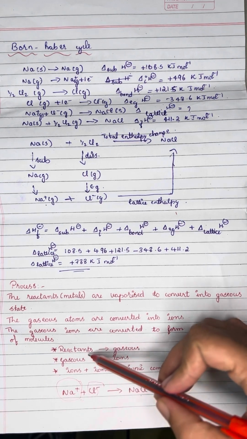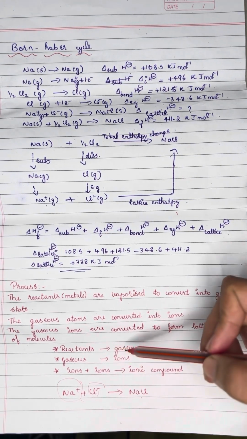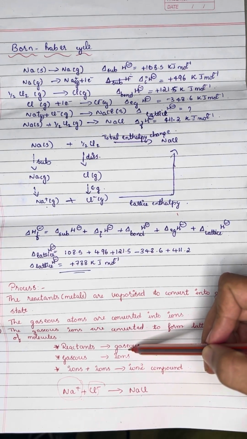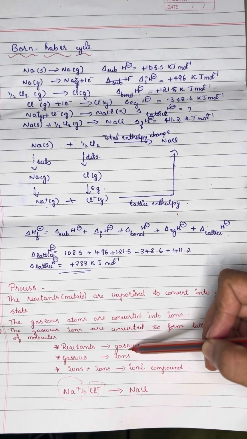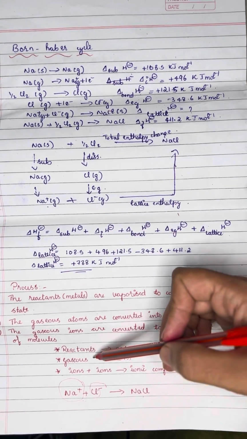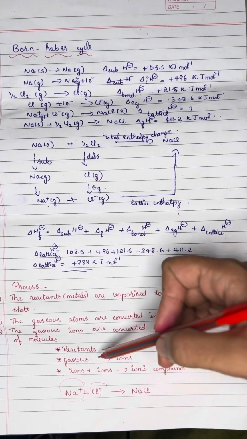So see the steps here. Our reactant Na, which was in the solid state, is getting converted to gaseous Na, and half Cl2 is getting converted to gaseous Cl. After that, the gaseous elements are getting converted to ions.